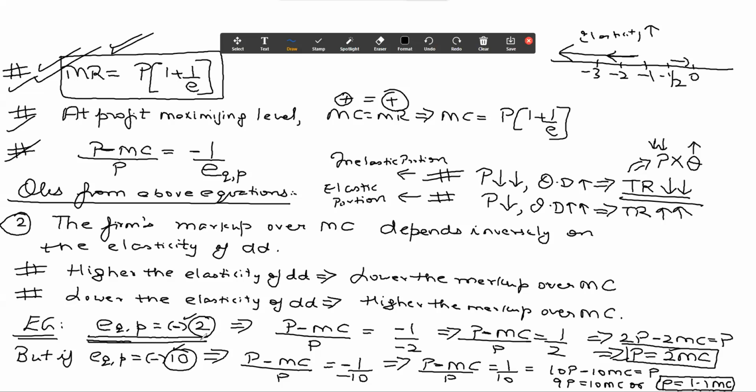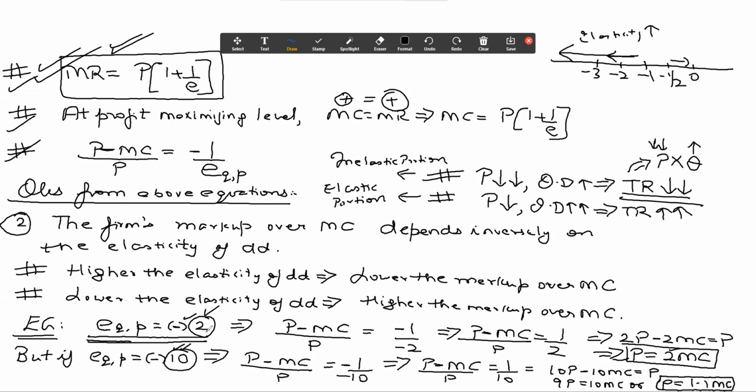But as elasticity went up from 2 to 10, price is only 1.1 times the marginal cost. That means an increase in elasticity in absolute terms causes the markup to fall. As elasticity goes up from 2 to 10, initially P was 2 times MC, now my P is only 1.1 times MC.